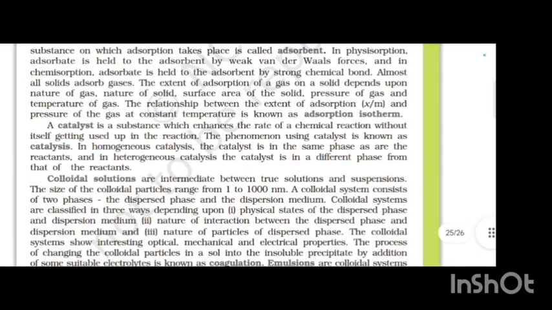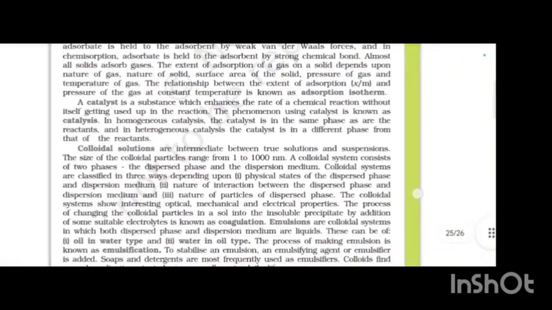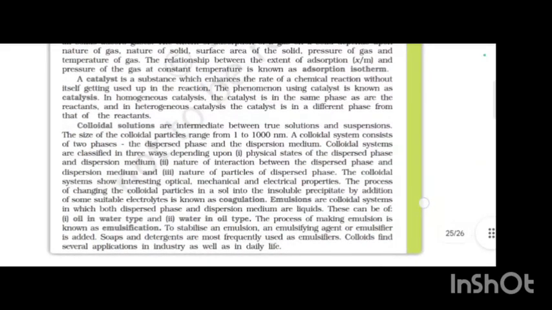In physisorption, adsorbate is held to the adsorbent by weak van der Waals forces, and in chemisorption, adsorbate is held to the adsorbent by strong chemical bonds. Almost all solids adsorb gases. The extent of adsorption of a gas on a solid depends upon the nature of the gas, nature of the solid, surface area of the solid, pressure of the gas and temperature.